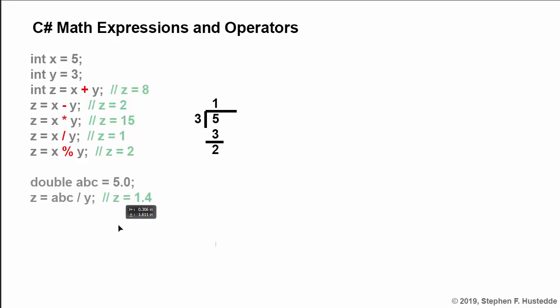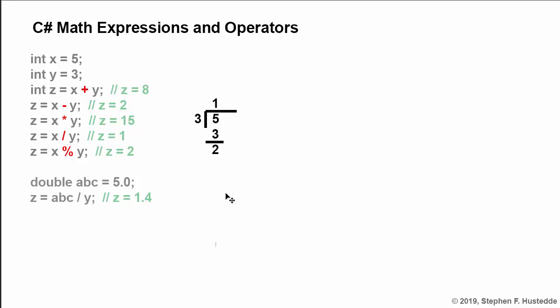Now looking at division again, if one of the values on either side of the division operation is a decimal value, or a double, or a float, then we'll return a double value. So in this case, I have ABC as a double variable equaling 5.0, and 5 being divided by the integer of 3. The result is 1.4.